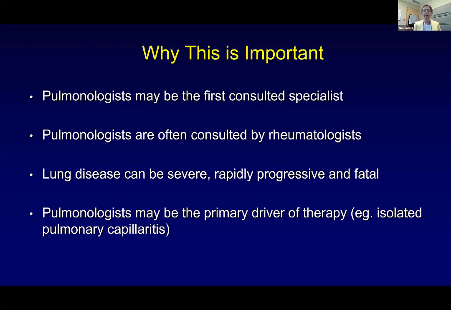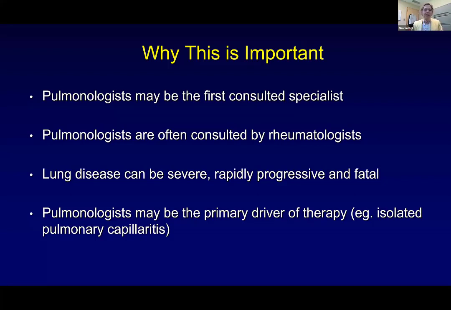Because if they have a pulmonary component of their rheumatological condition, sometimes it is the predominant clinical picture, and so you may be the first subspecialist who sees the child in the emergency department, and you need to recognize when it is a rheumatological condition and when you need to get the rheumatologist to see the child as well. Of course, we're often also consulted by rheumatologists.